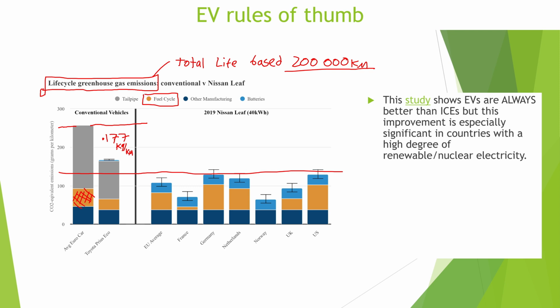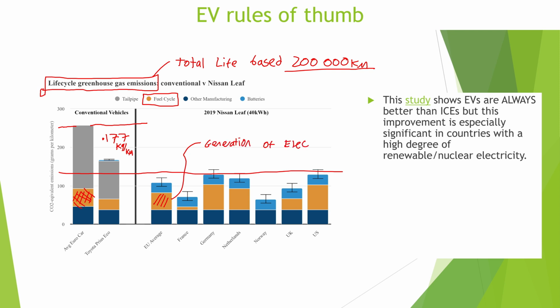So the fuel cycle emissions are, in the case of a conventional vehicle, the cost of mining and refining whatever fuel you're putting in there. I didn't even include that in the 0.177 kilograms per kilometre, so you can see that that adds another 20 or so percent. For the electric vehicles, that fuel cycle here represents the generation of electricity.